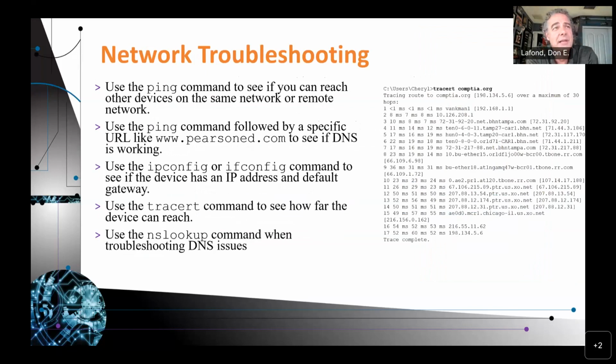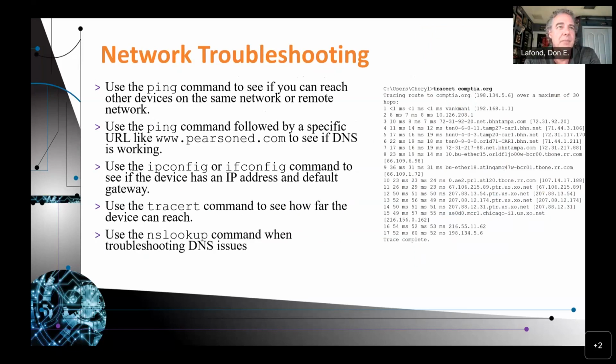Network troubleshooting, use the ping command to see if you can reach other devices. You just type ping and then the IP address. It's that easy, ping and then the IP address, or you can actually ping an actual URL address as well, comptia.org in this case.